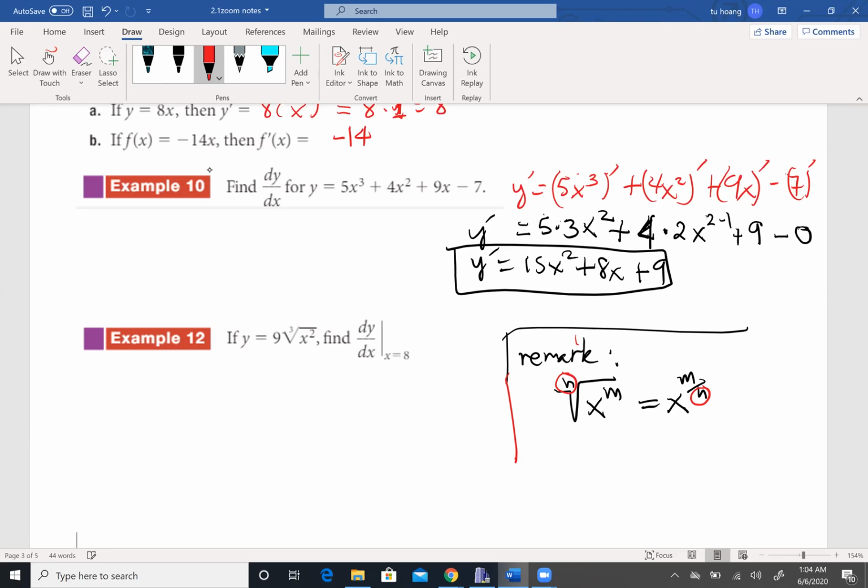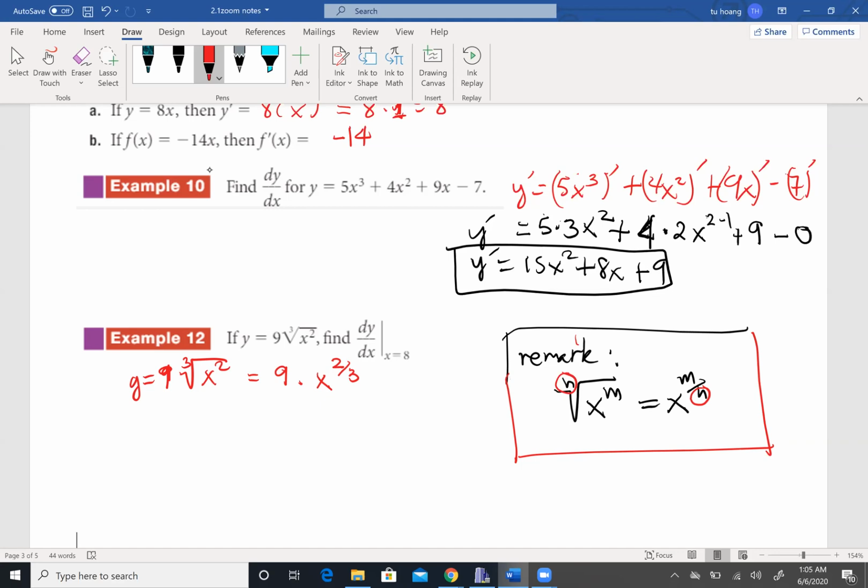So now come back to the cube root of x squared there. I can change y as 9 times the cube root of x squared to become 9 times x to the power 2 over 3, because remember the index of the root becomes the denominator of the power, right?